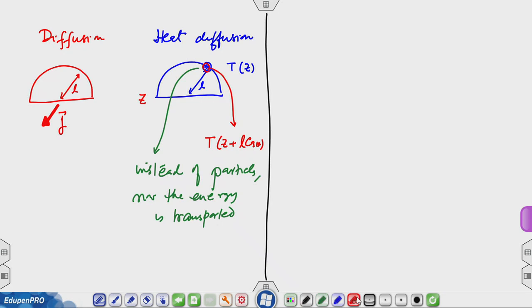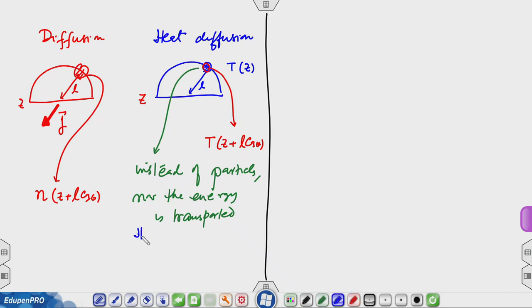So, in the diffusion case, if you look at this point, I was considering n at z plus L cosine theta, and this n was giving me the particles. So, here what I will consider is the energy of the particles.